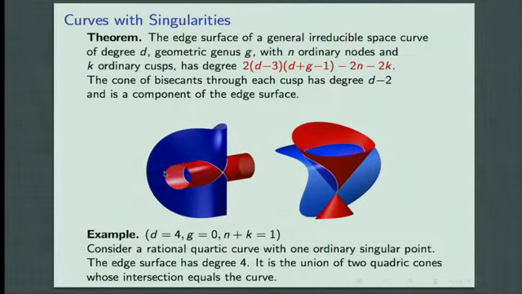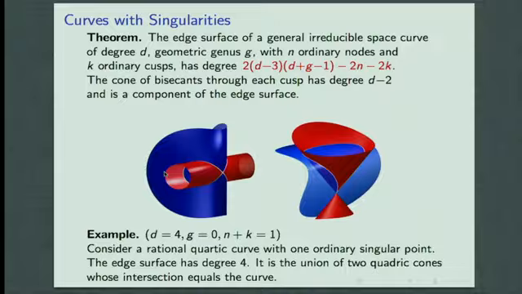Singularities. The theorem I stated was only for smooth curves. We have a little bit of information for curves with singularities. This theorem says that the edge surface will drop in degree by 2 for every ordinary singularity. A singularity could be a cusp or a node, and whenever there is such a cusp or node, it drops by 2.